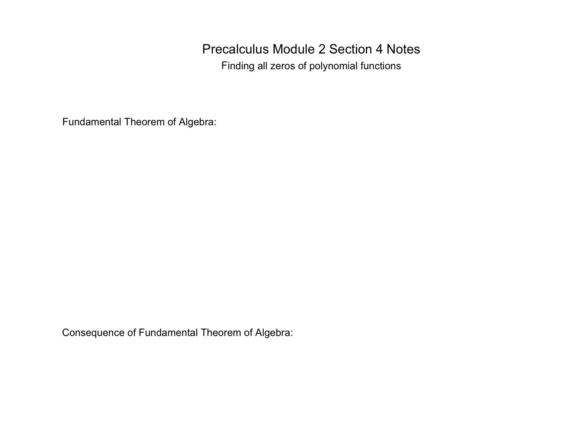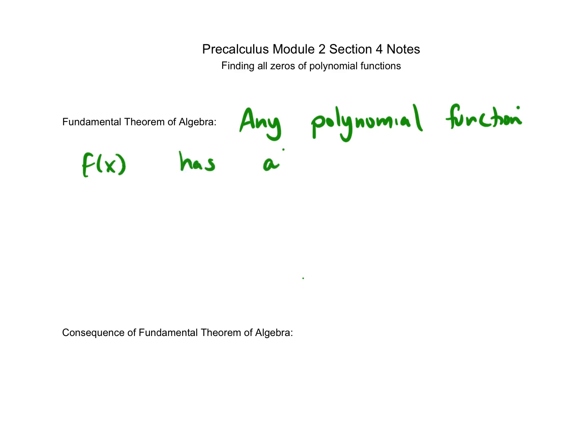Now, there is the fundamental theorem of algebra, which is this theorem in algebra that kind of ties a lot of our polynomial zeros together. And it says this. It says any polynomial function, we'll call it f of x, has at least 1 zero in the complex plane, or in the complex number system.